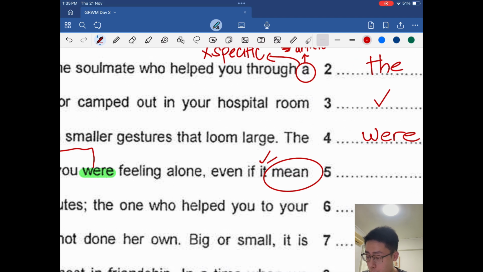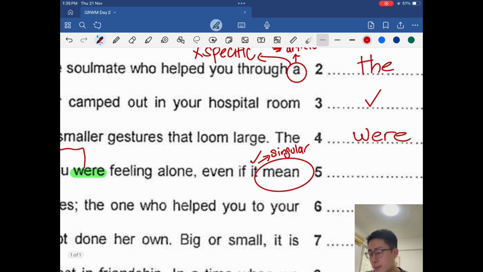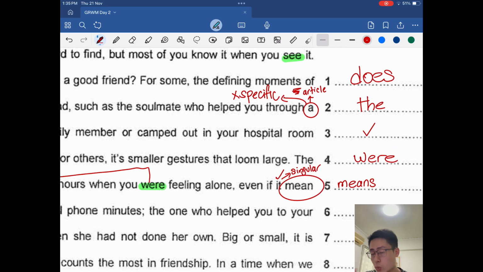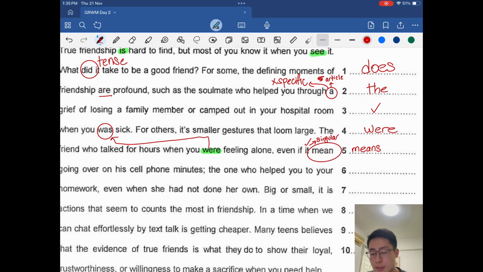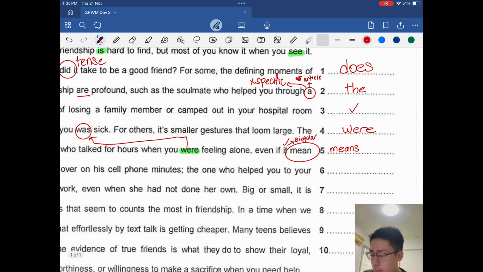This is singular. I hope you know this is singular. What does this imply? This implies that this should be means. Option number 2 that I'll give to you is that this could also be in the past tense, which implies that it should be meant.